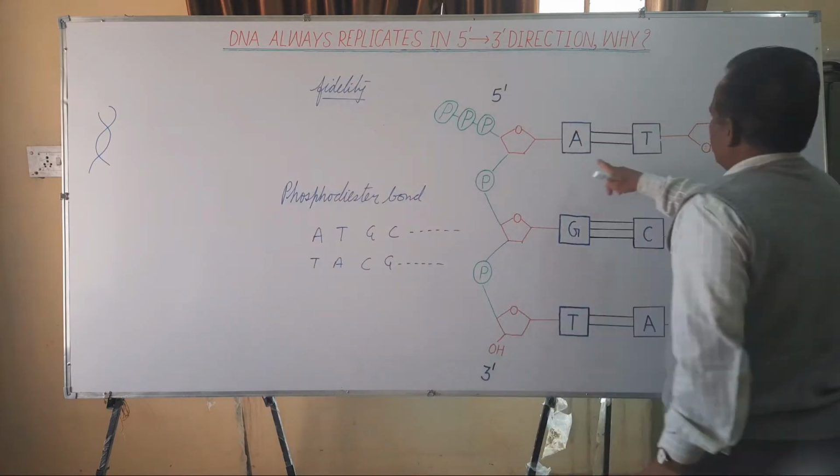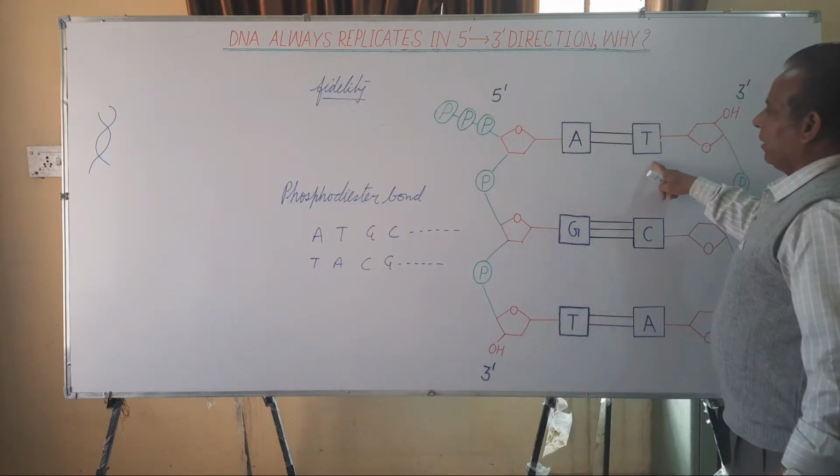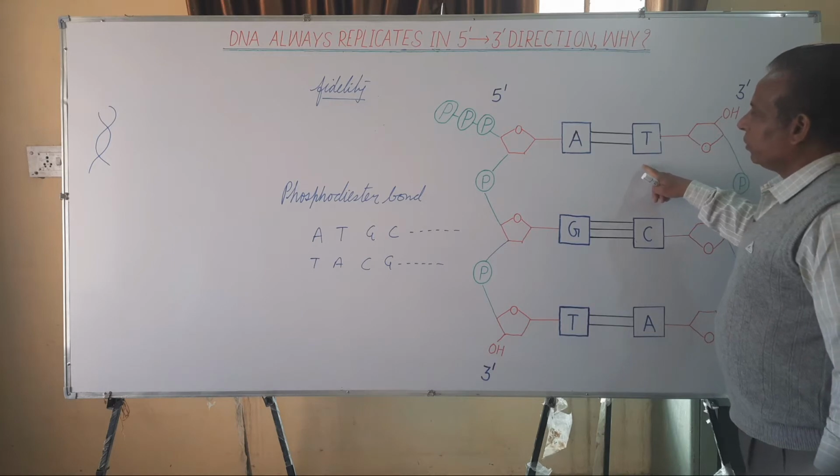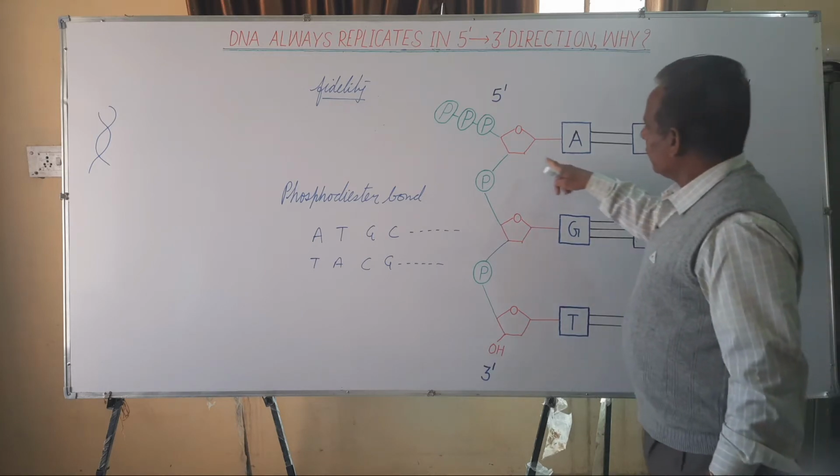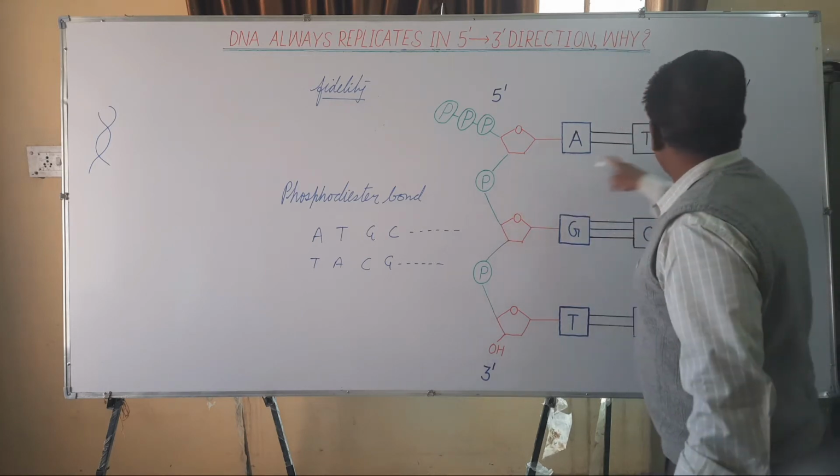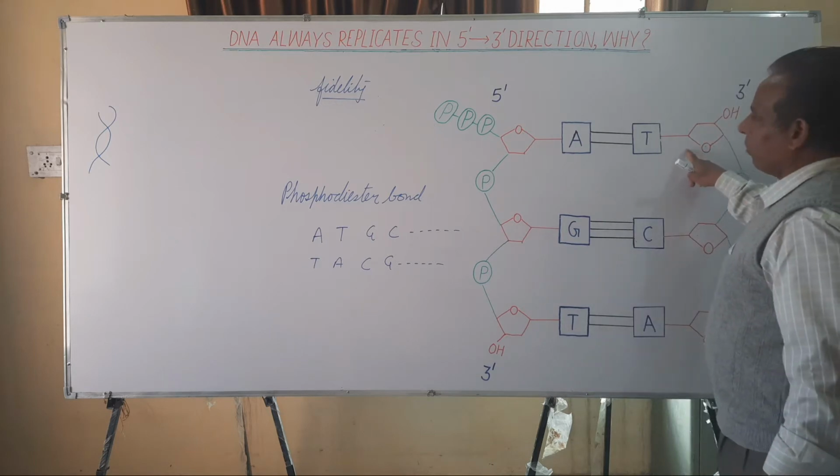Both strands are anti-parallel to one another due to the opposite chemical polarity of the sugar phosphate backbone.